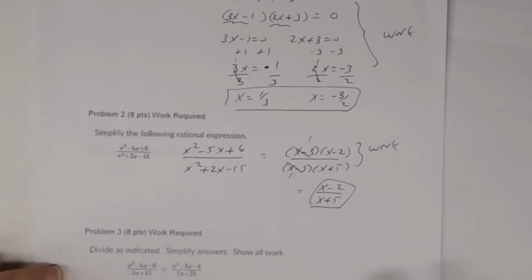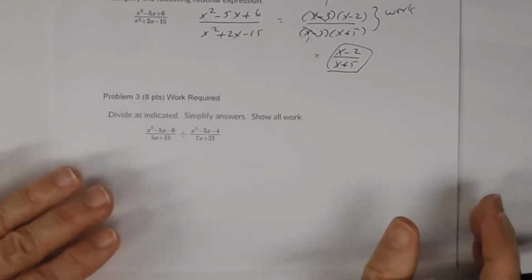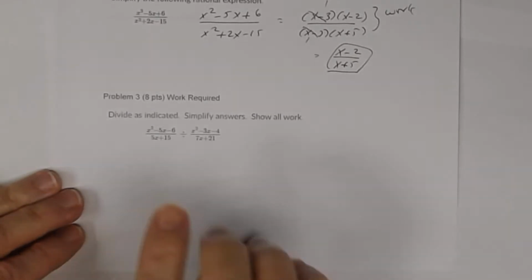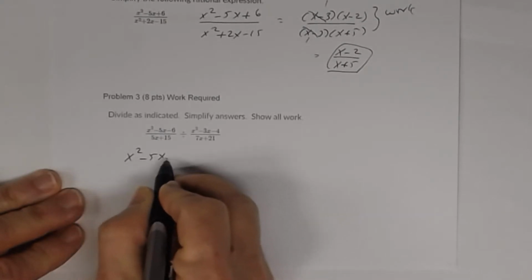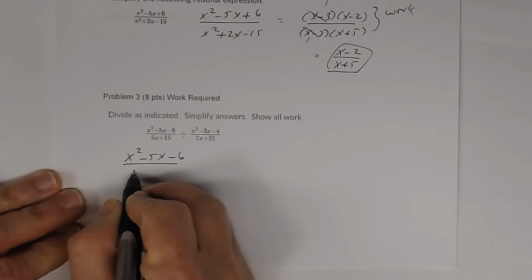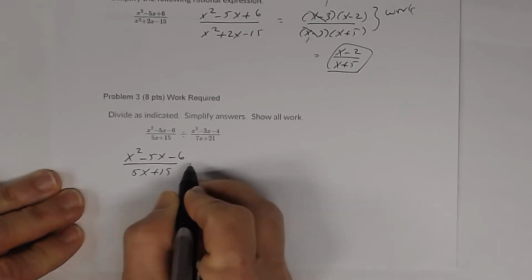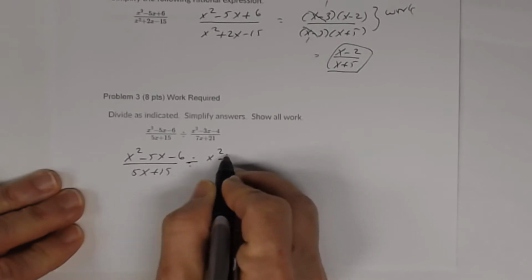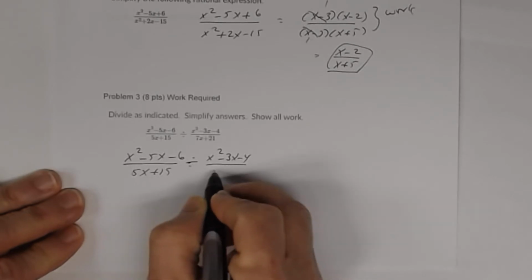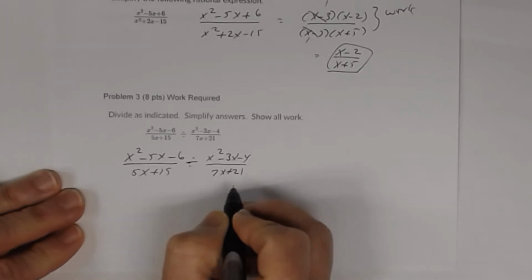Okay? All right, number 3, you want to divide these two rational expressions. So let me go ahead and rewrite this better so you can see this. So this is x squared minus 5x minus 6 divided by 5x plus 15, divided by, and then this rational expression is x squared minus 3x minus 4 divided by 7x plus 21.